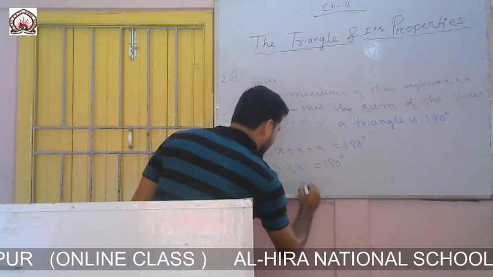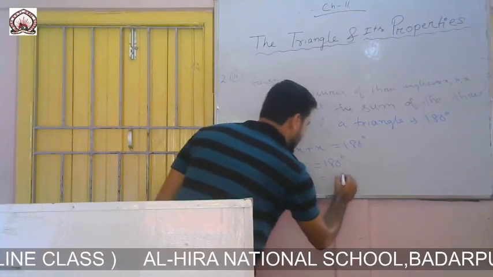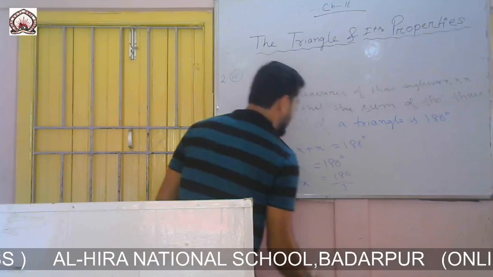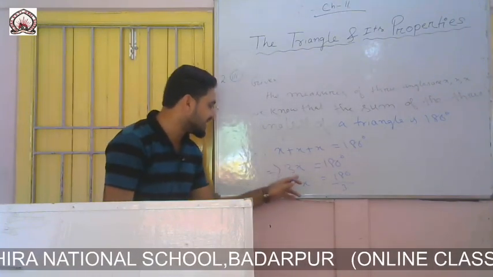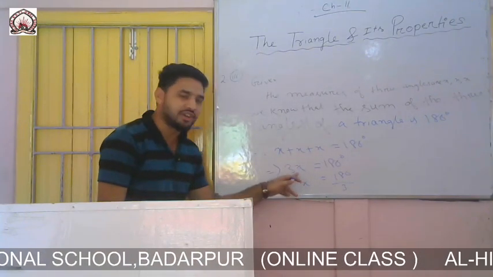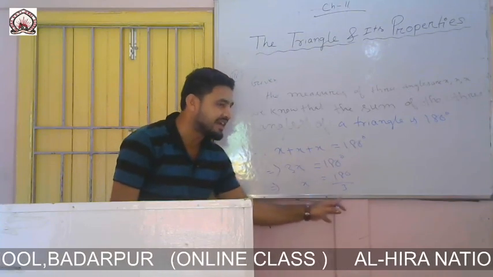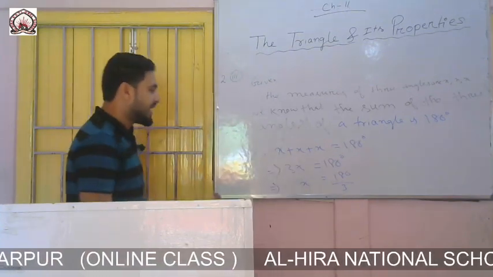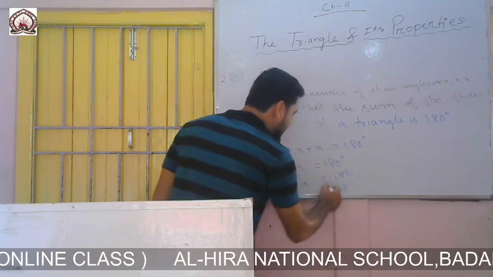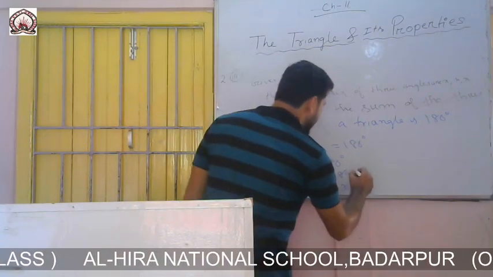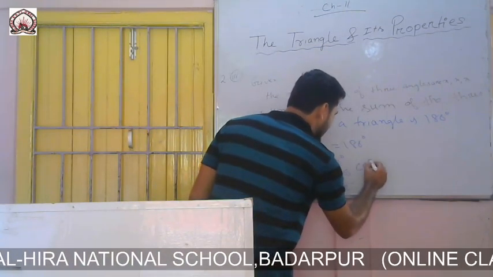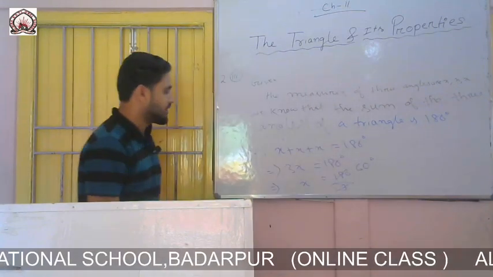Now I will keep x on the left side and take 3 to the right side by dividing, because 3 and x are related by multiplication, and if we take it to the right side, then it will become divide. So 3 sixes are 18 and 1 zero is there, so 60 degree.